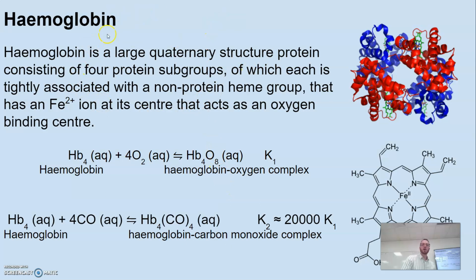Hemoglobin, we don't really need to know what it is, but essentially it's a protein that's in red blood cells. Right? It's the oxygen carrying molecule. Each hemoglobin is what's called a quaternary structured protein. Who does biology? There you go. You know what quaternary structure is? What's the primary structure? Single polypeptide chain. Right?